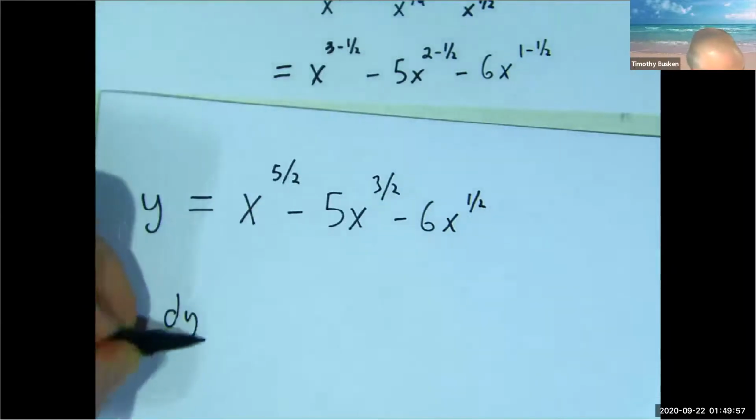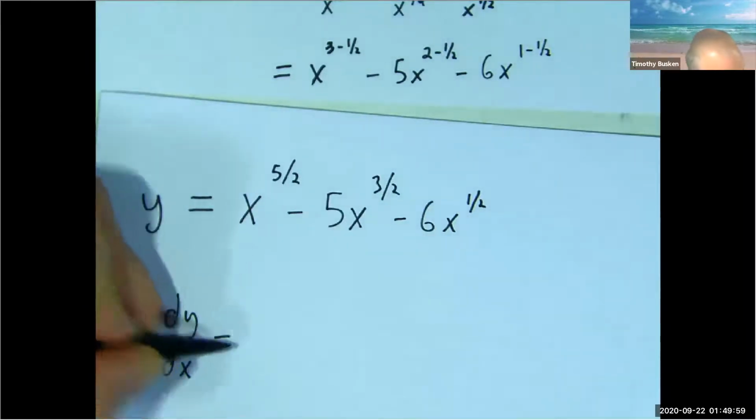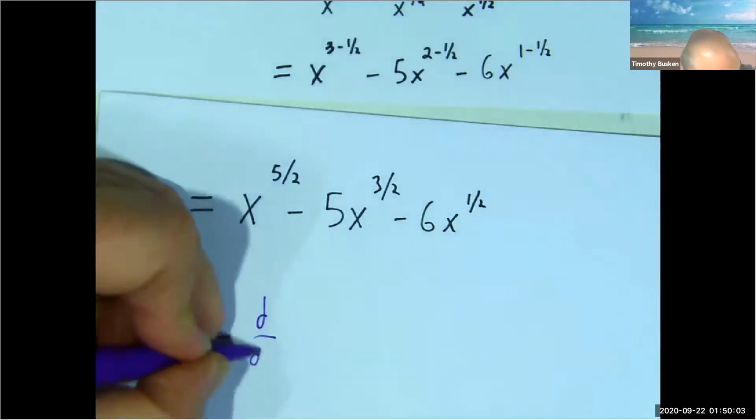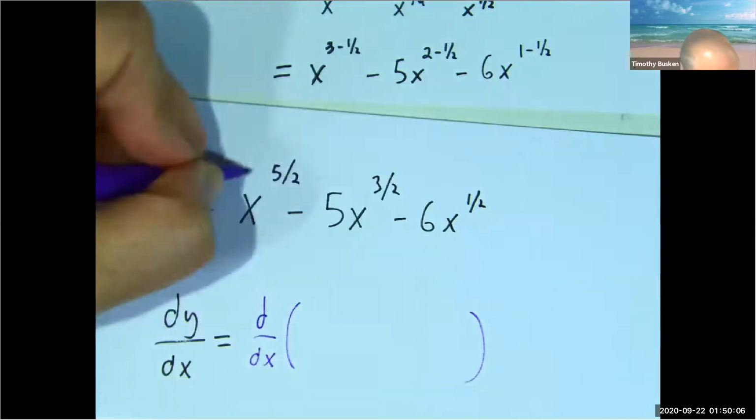dy/dx is just the derivative of all this stuff.